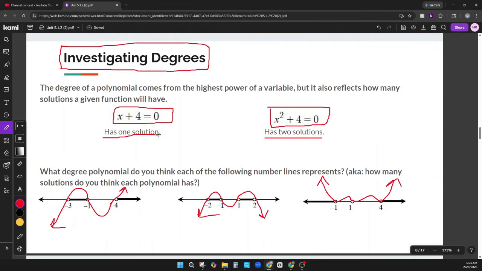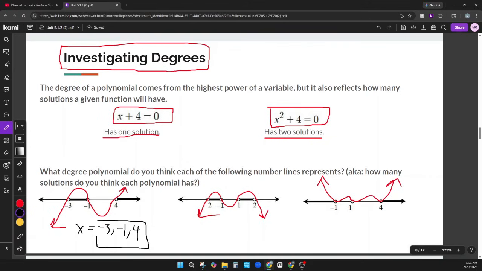So the way that we count solutions is by counting where our x-intercepts are. We're basically treating the function as though we're equal to 0. And when this function is equal to 0, we have three solutions here. So if I have my function set equal to 0, the answers I get back are -3, -1, and 4.